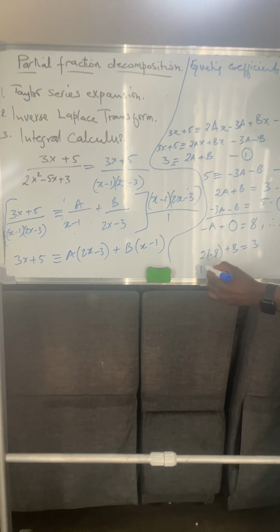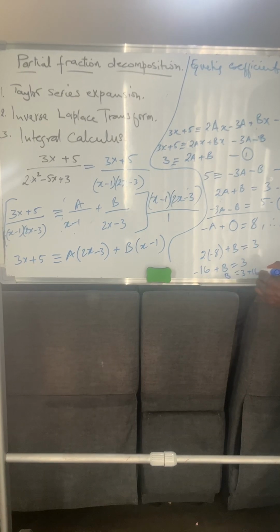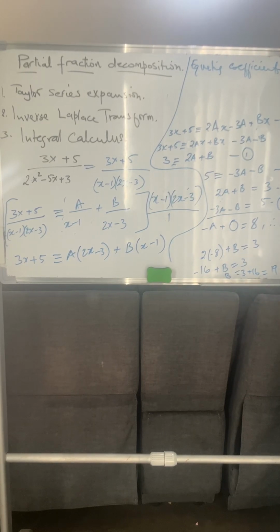So this gives you minus 16 plus b equals 3. If you bring the 16 over, b will be equal to 3 plus 16, which is 19. So therefore, b is equal to 19.